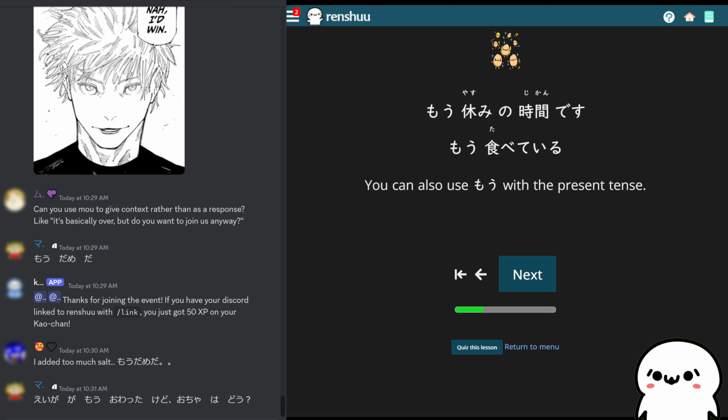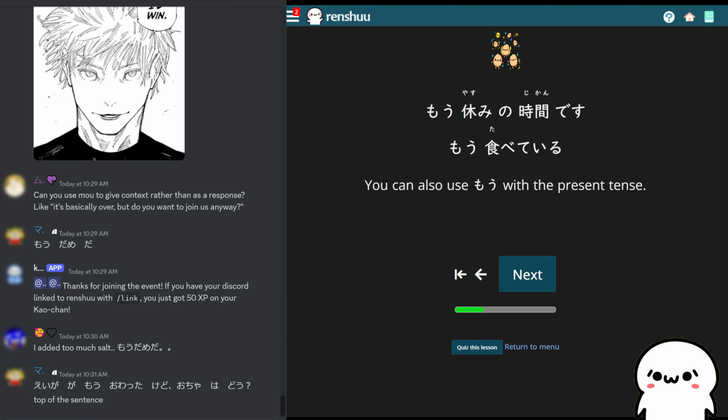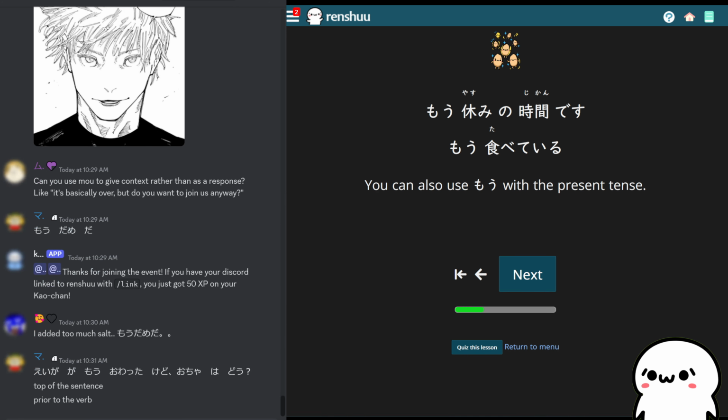However, they are most common in two spots. It's usually at either top of the sentence, and if you're not familiar with this term top in this usage, it means the beginning. The beginning of the sentence or prior to the verb.